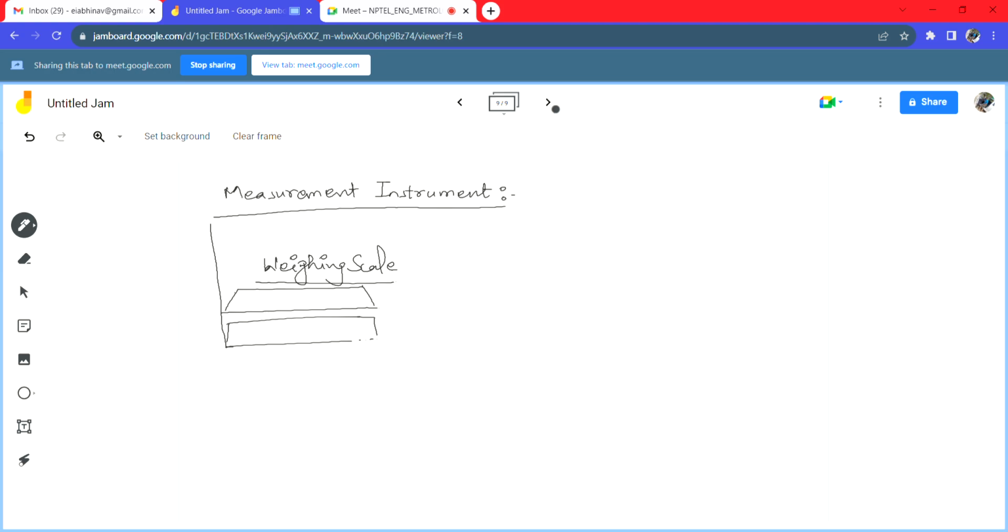Now, if you remember the conventional weighing scales, the weighing balances, what it used to do, it used to have one stick, and from its stick, it used to have two parts. One was the quantity to be measured, and the other was a standard weight.